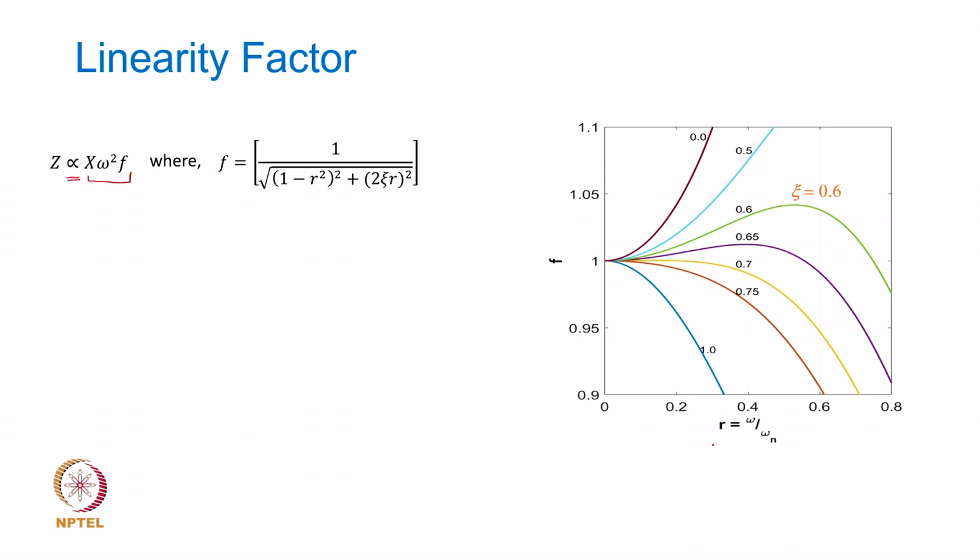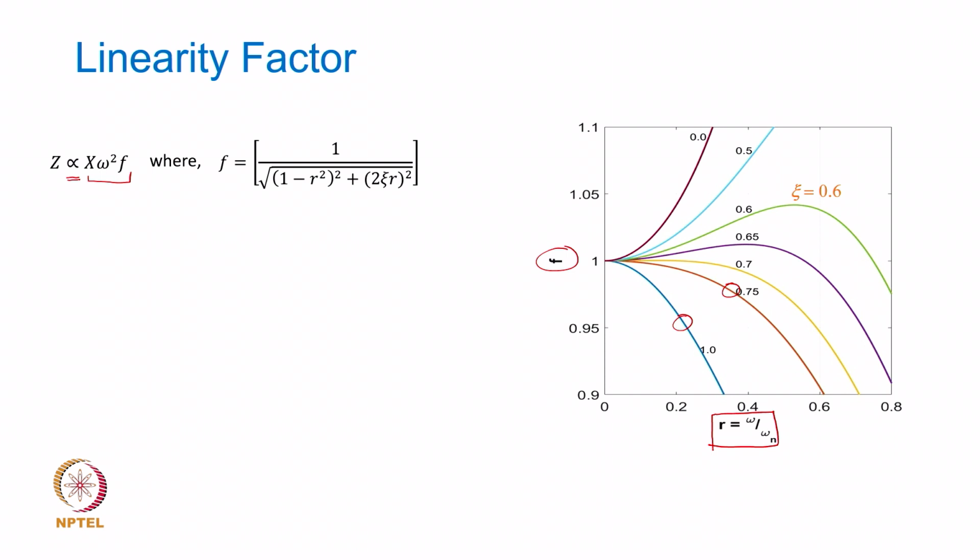So, if I am going to again plot it with respect to the forcing frequency ratio, and this function is being plotted here for different damping factor. I mean, these damping factors we rarely use in a typical vibratory system, because we know that for all of our mechanical vibratory systems the damping ratio really does not go beyond 0.1, right.